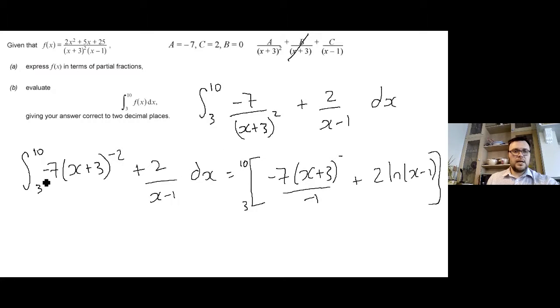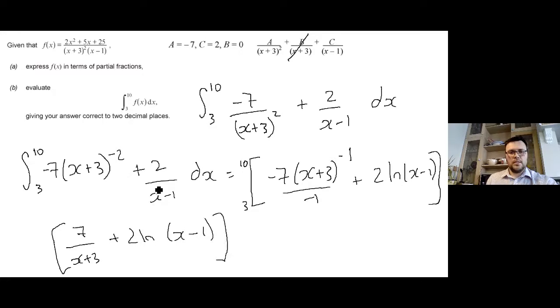So then once we tidy this up, the 2 minuses cancel, so we have 7 over x plus 3 plus 2 log x minus 1. And as I said, it is between 10 and 3. So on the next page, we just fill in for the different values between 10 and 3.